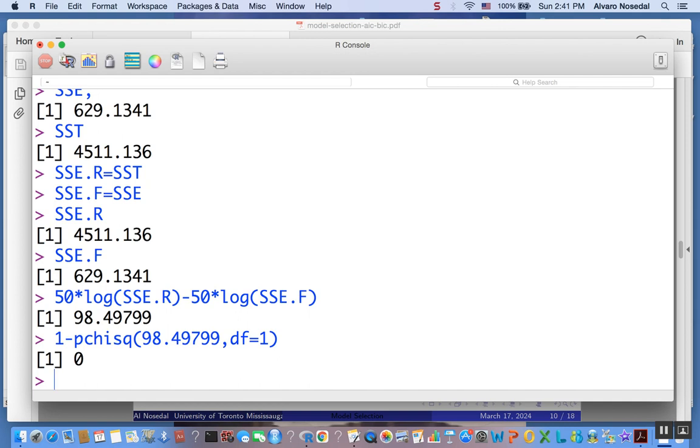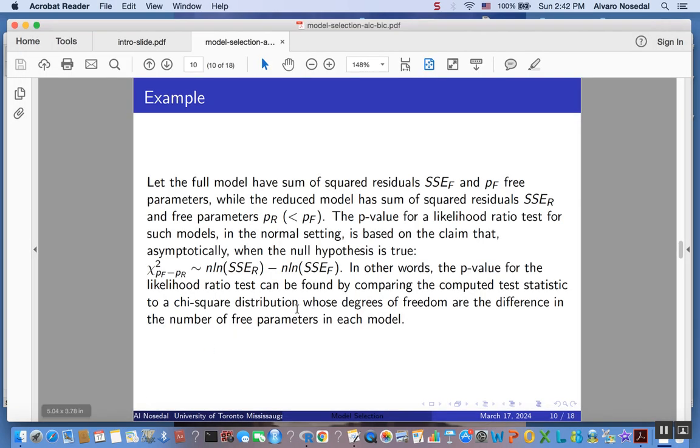So again, using this approach, the likelihood ratio test, we have overwhelming evidence that the full model is better than the reduced model. But bear in mind that the advantage of a likelihood ratio test over a t-test, for instance, is that in this case, the two models that we're considering don't necessarily have to be nested models.